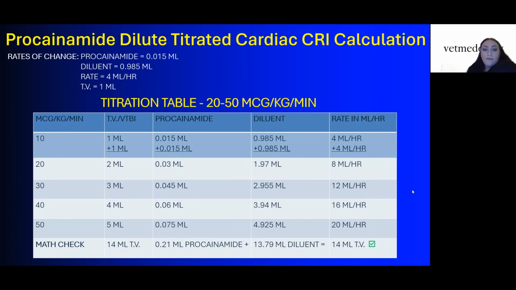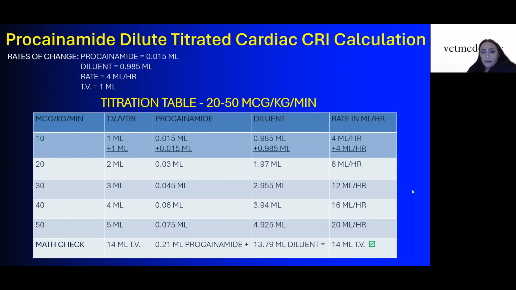The procainamide volume, again, 0.015 mils gets added onto 0.03 mils to make 0.045 mils. 0.06 mils, 0.075 mils. If you were to individually math out each one of these CRIs, you would get all of these numbers. So this is just an easier way of completing multiple CRIs with very little math.